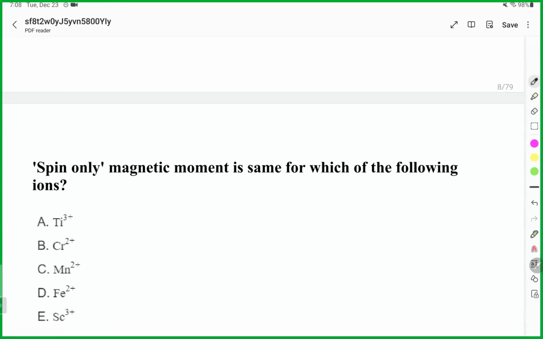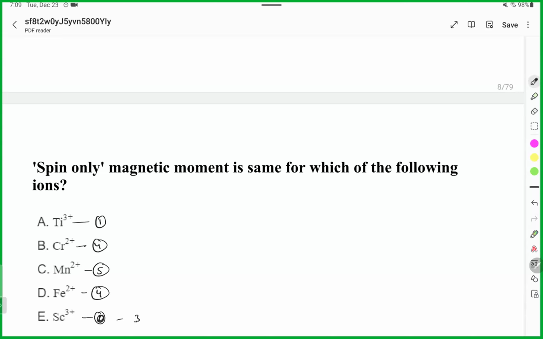We already did. What is the number of unpaired electrons in this case? Chromium 2 positive, manganese 2 positive, iron 2 positive. Sir, Sc3+ has 0 unpaired electrons, sorry, 0, na? 3d1 4s2.